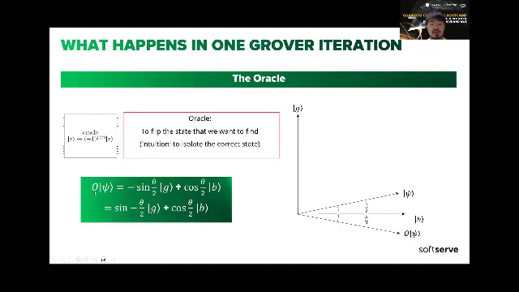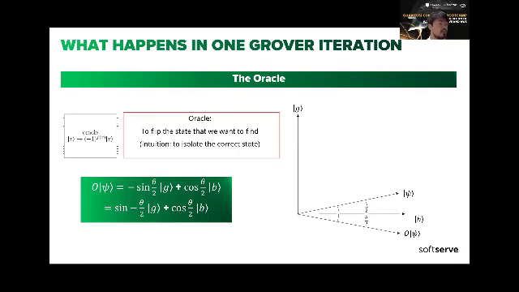So we apply the oracle to the uniform superposition of states, we just put a minus behind it, and using the trigonometric identity, we can move it into the sine. Okay, so pretty simple stuff, I hope.